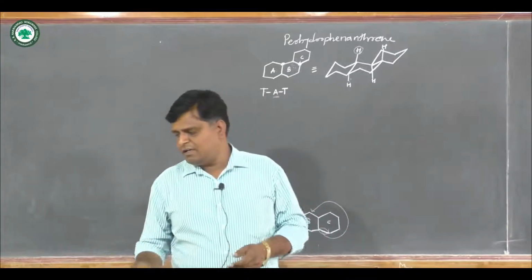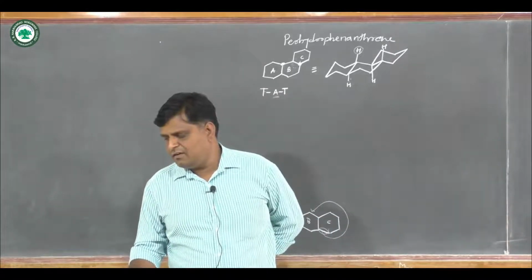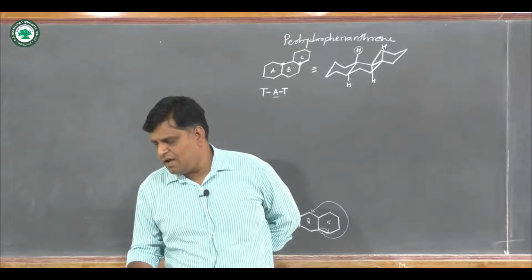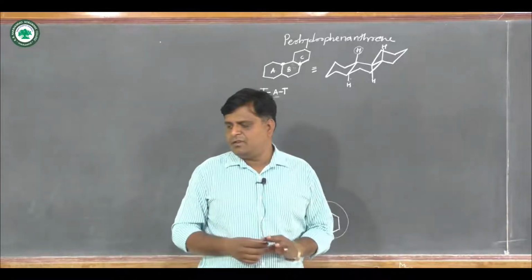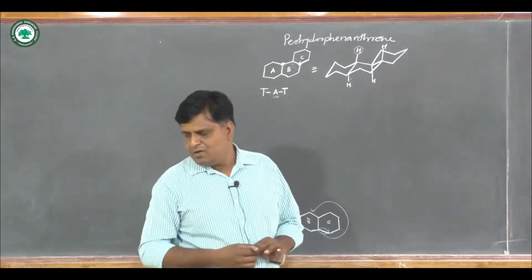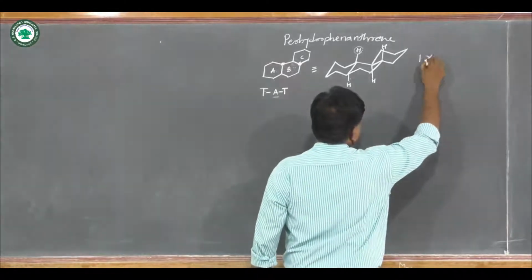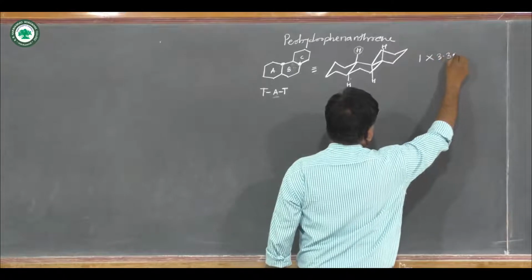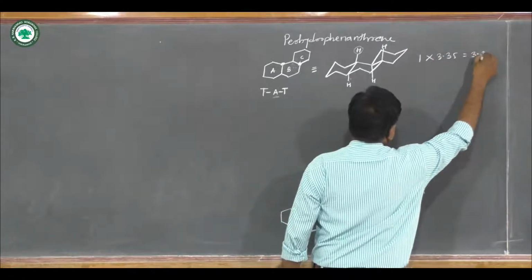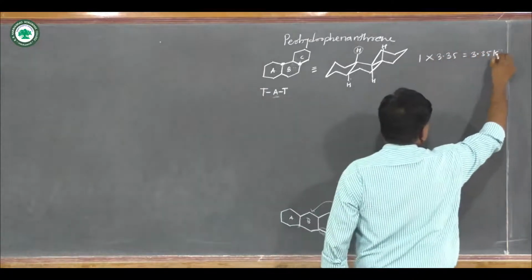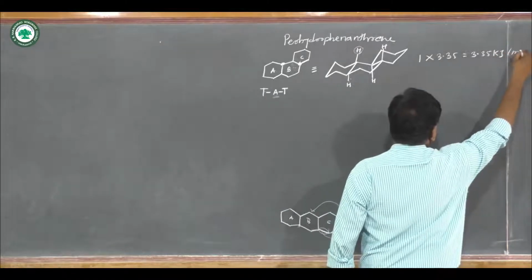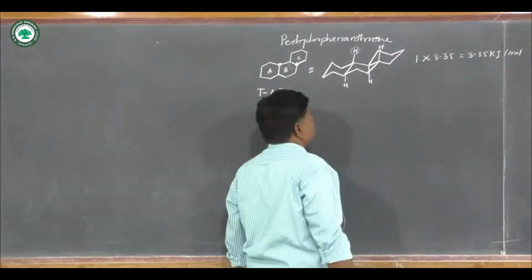So here we can calculate this one, and here there is one interaction between this C4 and C5. So we get 3.35 for one interaction, 1 into 3.35, so we have 3.35 kilojoules per mole.